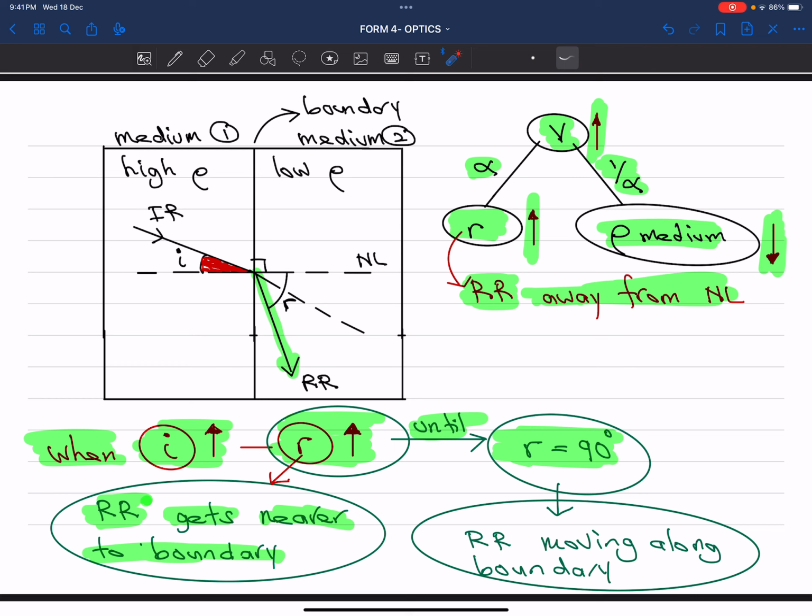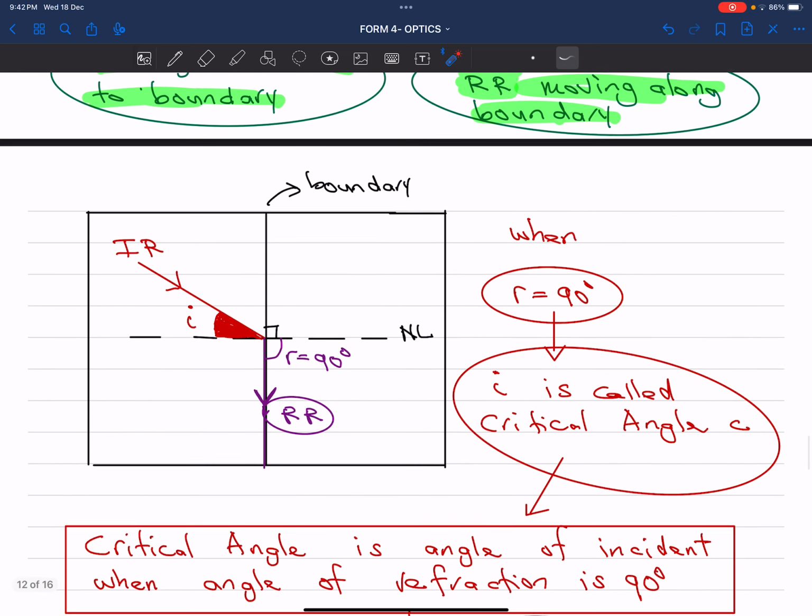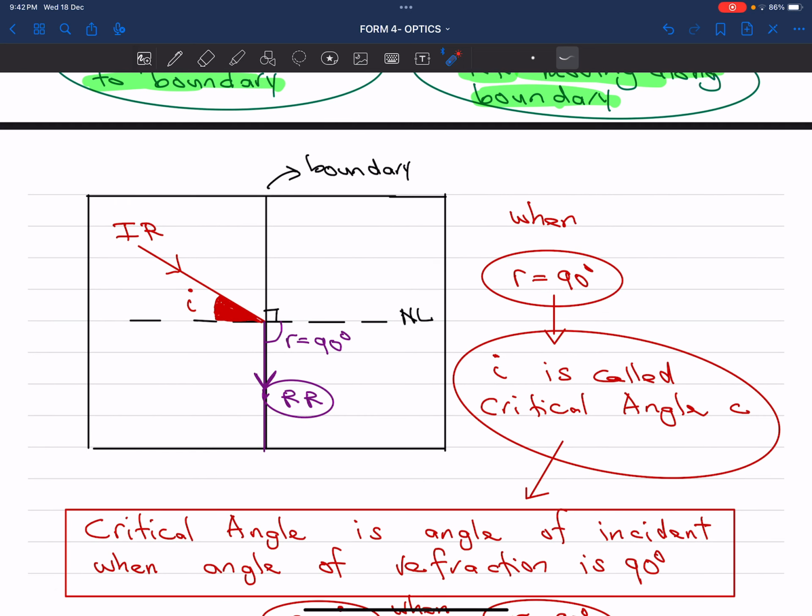That means if R is 90, the refracted ray is moving along the boundary. So if this R is 90 until here, this refracted ray now is moving along the boundary, which I have drawn here. You see? That is when R is 90, the refracted ray is moving along the boundary.